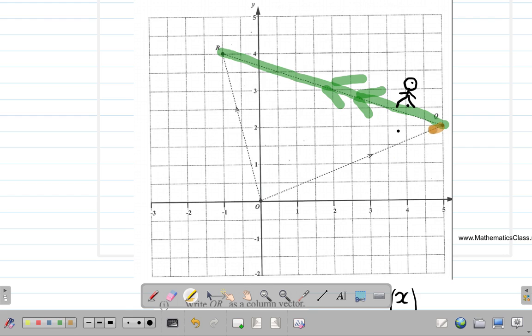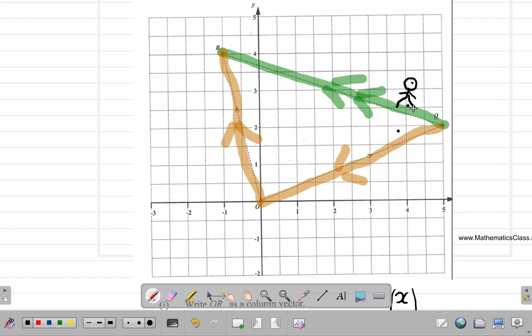You can walk from Q to O. Then you turn the corner and go up to R. So you go this way, turn the corner and go this way. And you end up at the same spot. Do you see that?